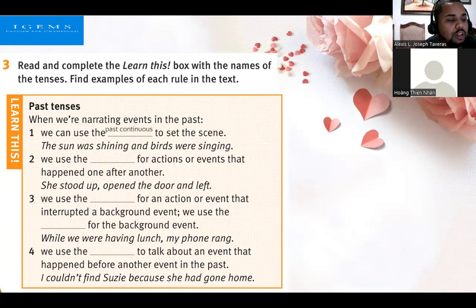For example, the sun was shining and birds were singing. Number two, we use the past simple for actions or events that happen one after another. Example, she stood up, opened the door, and left.